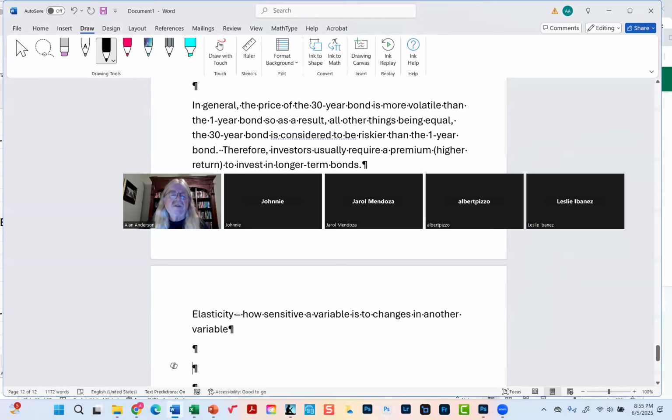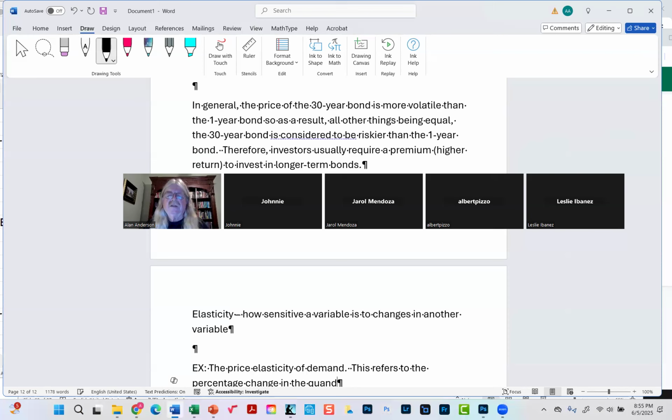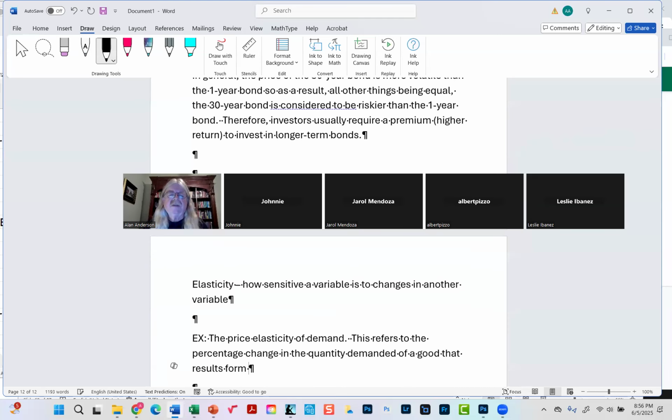So the classic example of this is price elasticity of demand, which, if you've had microeconomics, you know what this is. This refers to the percentage change in the quantity demanded of a good that results from a specified change in the price.